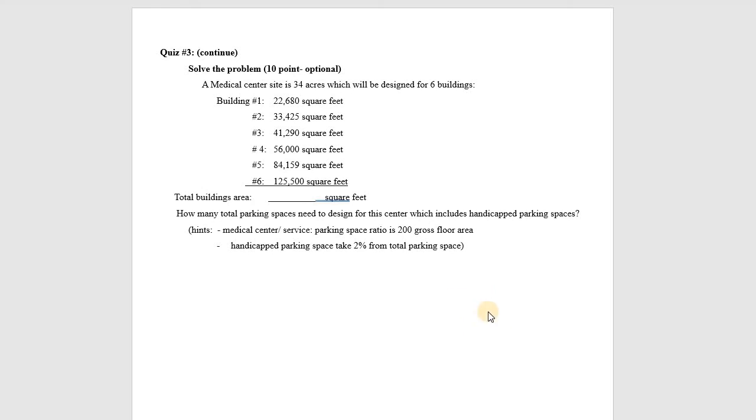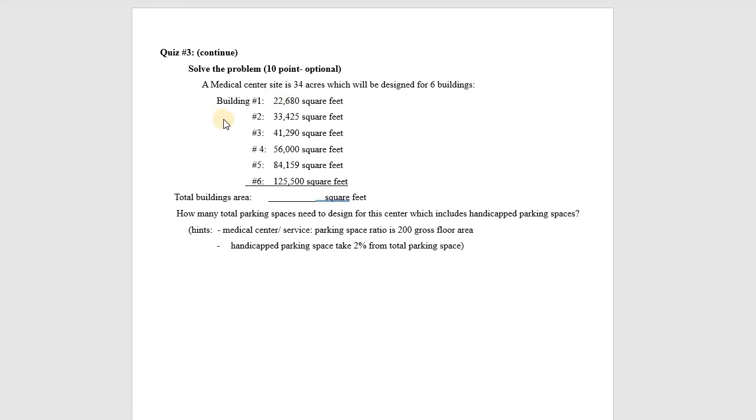So you find how many total parking spaces, and how many handicap parking spaces you need. After that, we add them up to get the total parking number, including regular parking and parking for handicapped people.